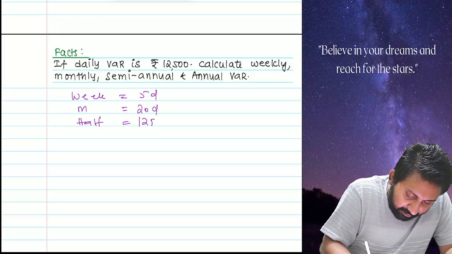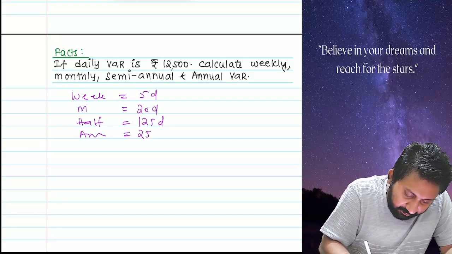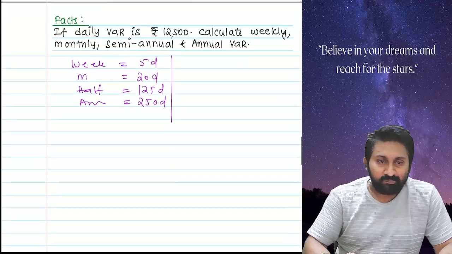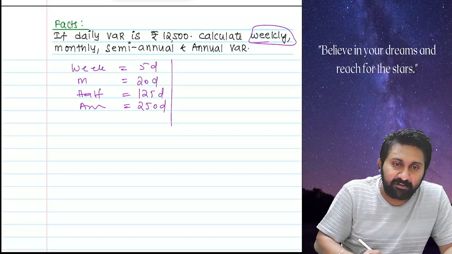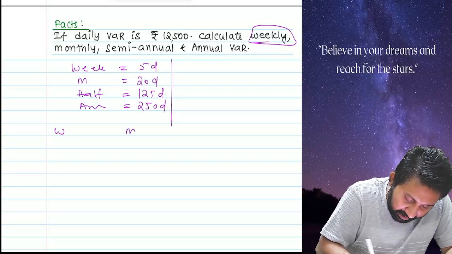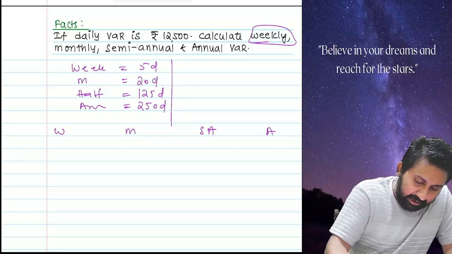Half yearly will have 125 days. Annual will have 250 days. This is the assumption. Okay. Daily VAR they have given. Weekly, monthly, semi-annually, annually, let us calculate.